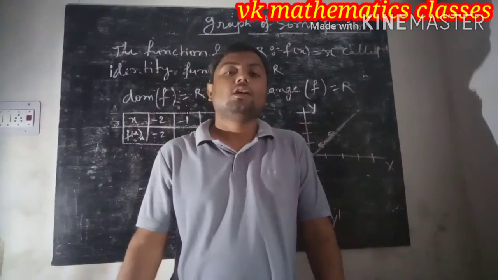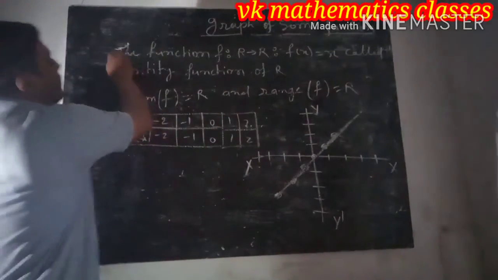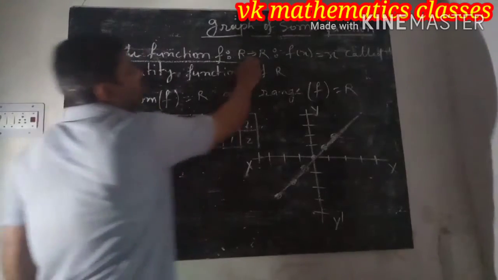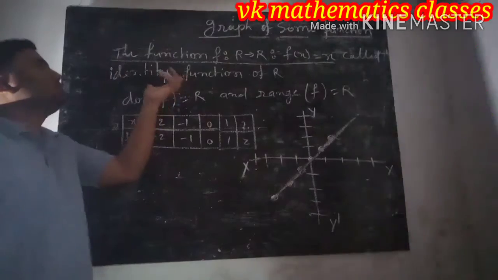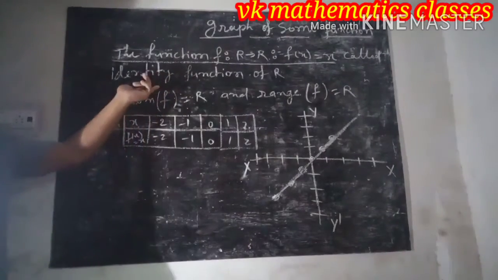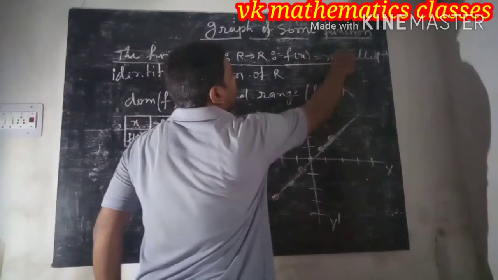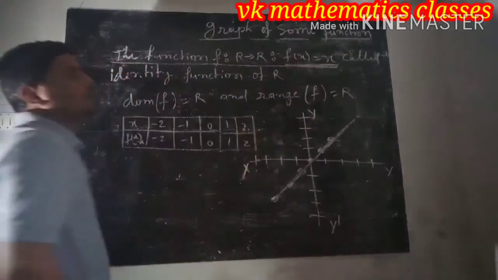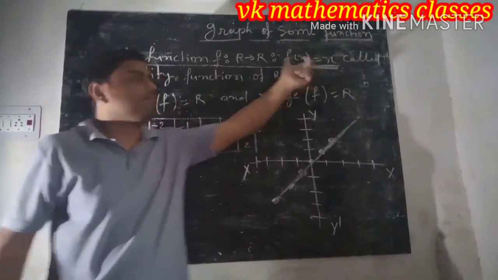First of all, we discuss the function f from R to R such that f(x) is equal to x. This function is known as the identity function, because here f(x) is equal to x.